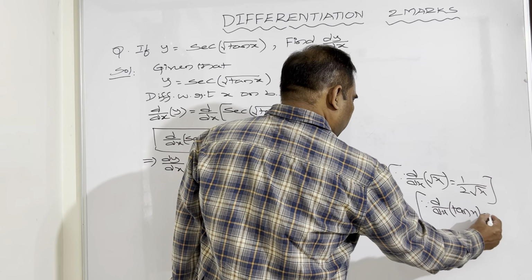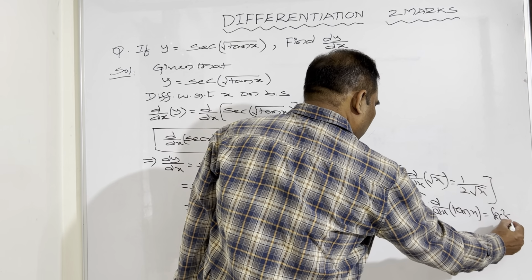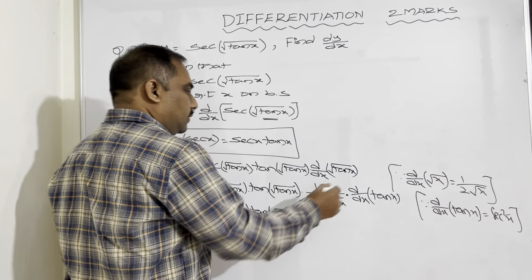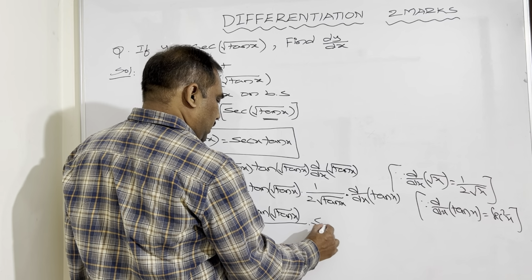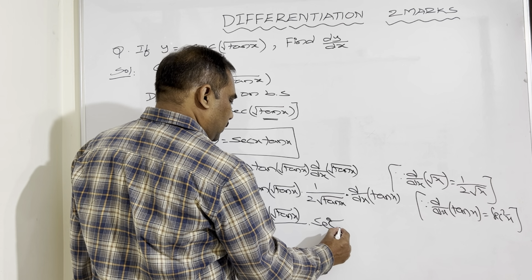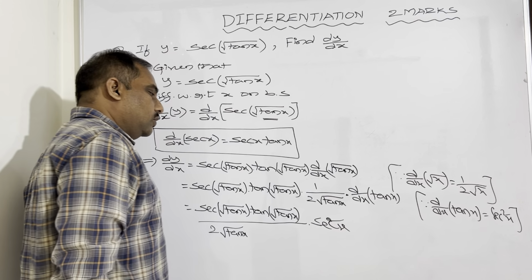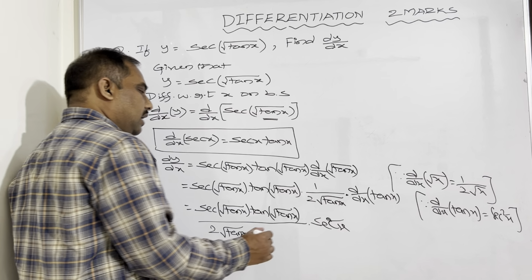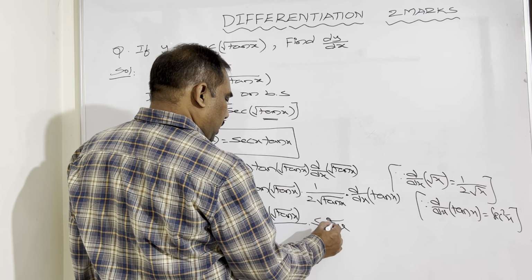We know the standard form: d by dx of tan x is secant square x.